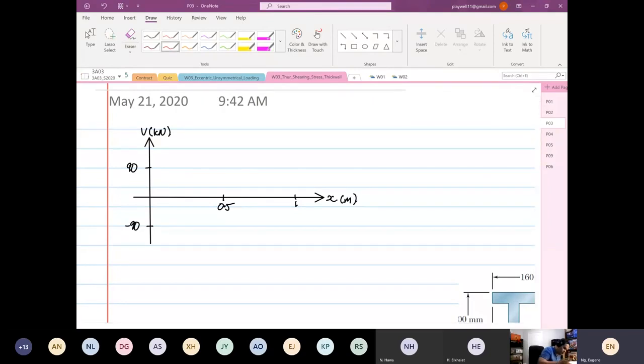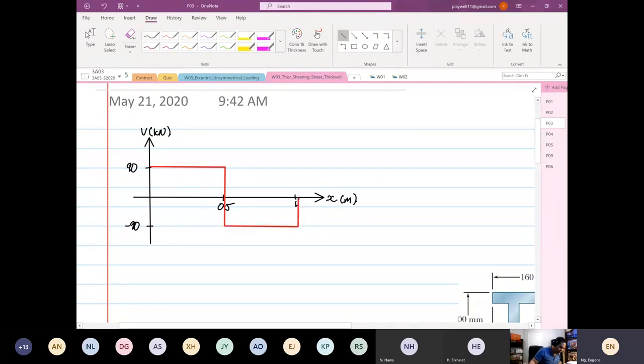So how our shear force diagram will look like this, okay? It will start from the top, 90 until 0.5. And at 0.5 over there, it will come down by 180, because at the center point you have 180 coming down. Then you run for minus 90, and then at point B, you'll go up by 90.